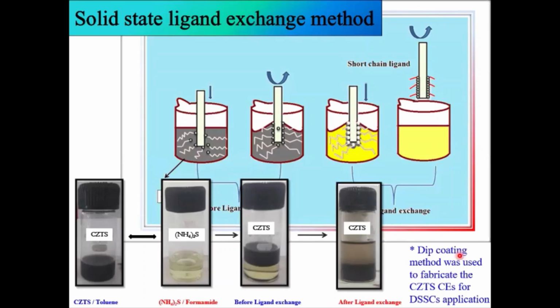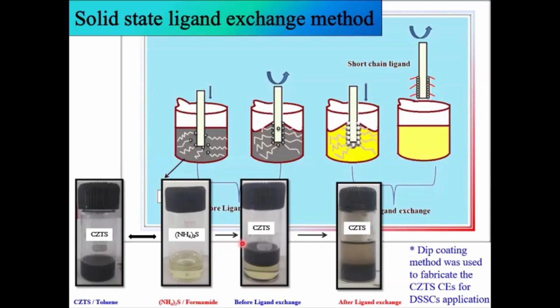For example, we have prepared oleic acid surfactant CZTS, or oleylamine surfactant CZTS, which is hydrophobic in nature, and we do a solvent exchange with toluene, and then give a treatment called ammonium sulfide formamide treatment, which gives a ligand exchange process.